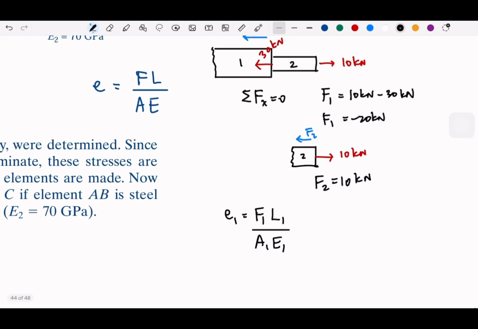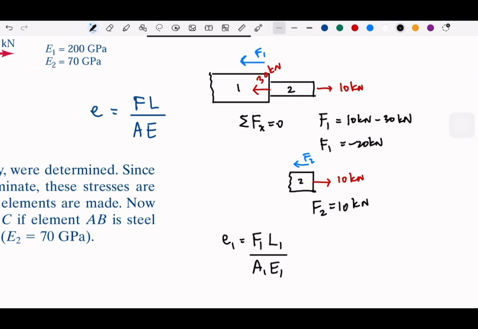And still, although we have this as a negative, and we know that this is on the left, so the force should be going to the right, since this is our assumption at the beginning, we still keep the same value and just keep it as in the original. So when we put the F1 here, we include this negative just to help us navigate easily. If we change everything in the middle, maybe we are going to have wrong assumptions and then different results.